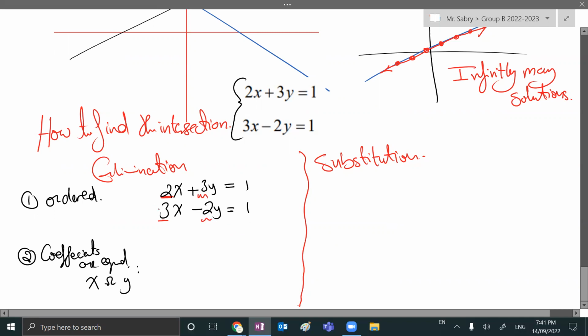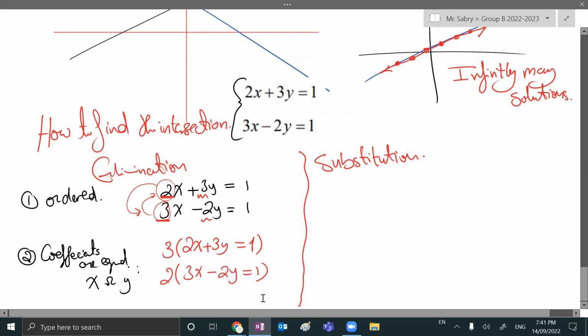You have to think, what is the number that I could multiply 3 by that would get me 2? And there's no such thing. So I'm going to multiply this 3 by everything in the upper equation, and I'm going to multiply this 2 by everything in the lower equation.